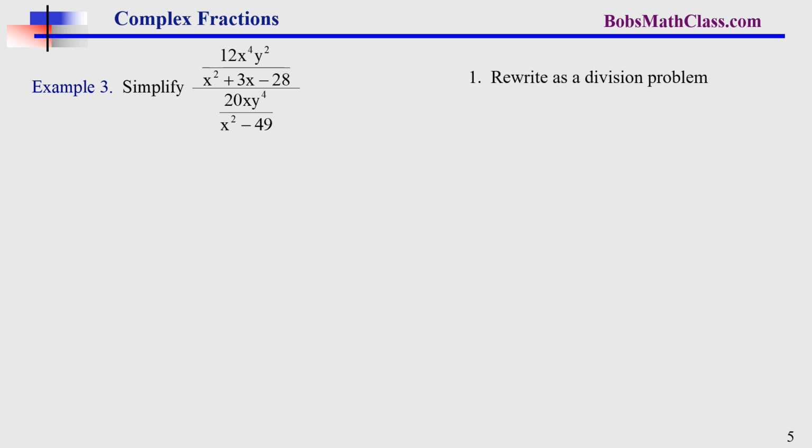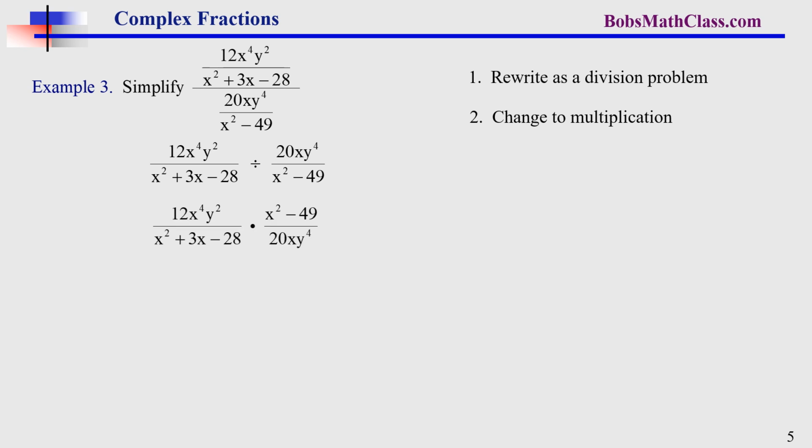Okay, so step 1, rewrite as a division problem. So it's the top fraction divided by the bottom fraction. Change to multiplication. So keep, change, flip. So the first fraction you keep the same, change the division to multiplication, and then flip the second fraction.